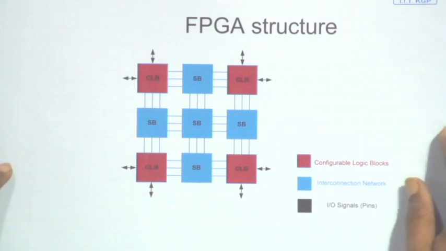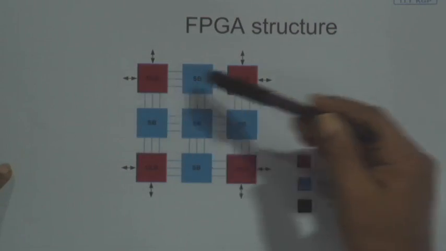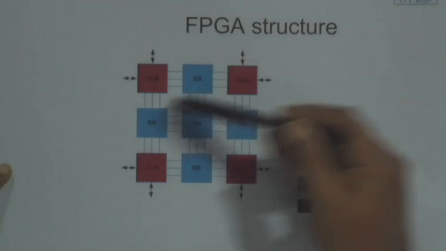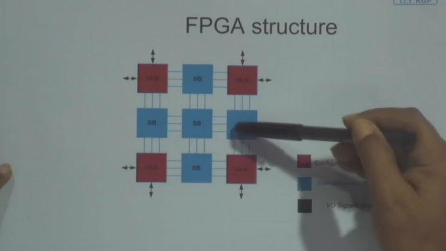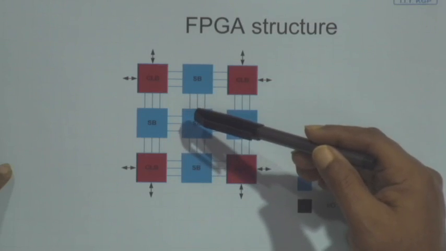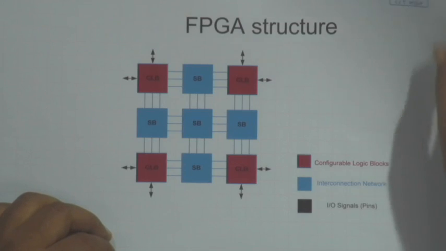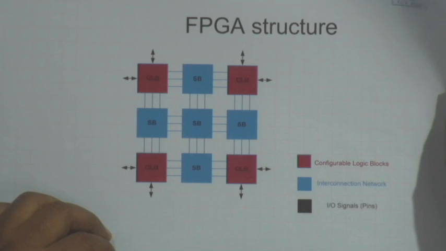Here is a typical FPGA structure, where you have got a number of configurable logic blocks, and the interconnects can be programmed using the switch boxes, and each of these switch boxes is like a crossbar switch with an array of interconnects. I can establish the connections between them using two types of possible technology for establishing the interconnects.